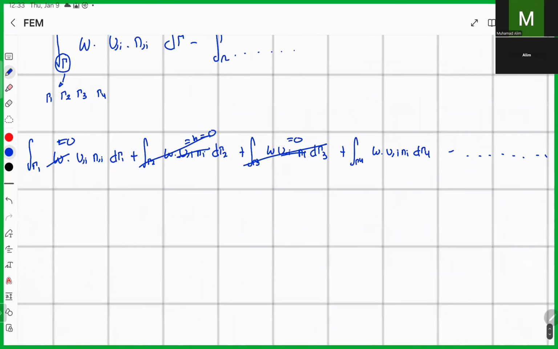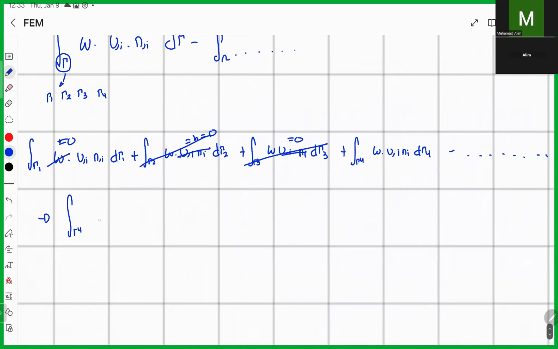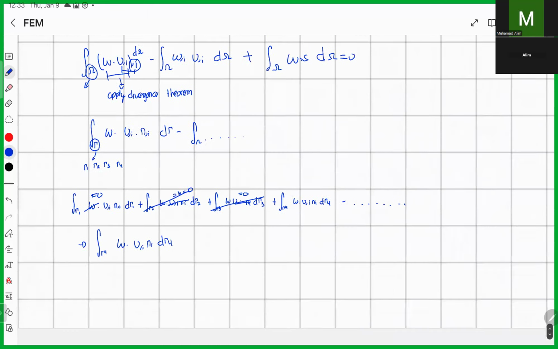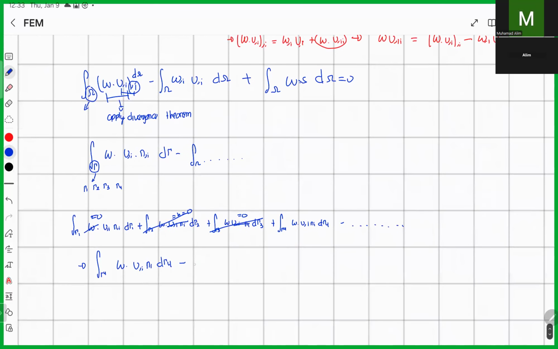So after applying all of those things, we have this 4 W, U_i here, and n_i, and 4, correct? And then you have this one, W_i here, U_i, plus here, W S D equals 0.